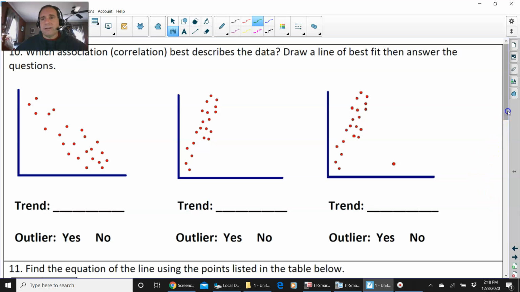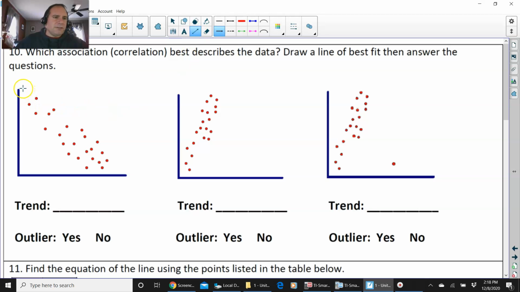So number 10. Which association or correlation best describes the data? Draw a line of best fit. We're going to draw a line of best fit on all of these. So we're going to start with the y on that y-axis and draw a line of best fit down through the center of all of the points, just right there.